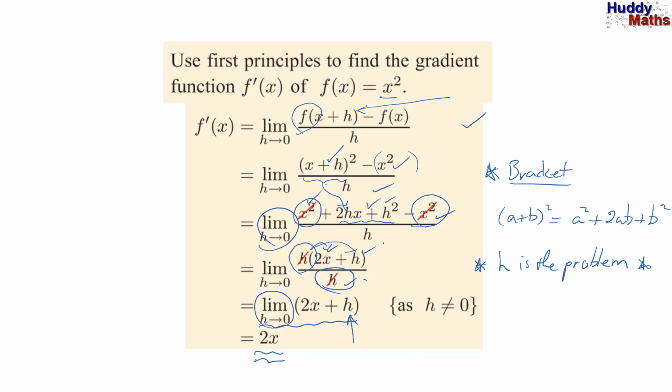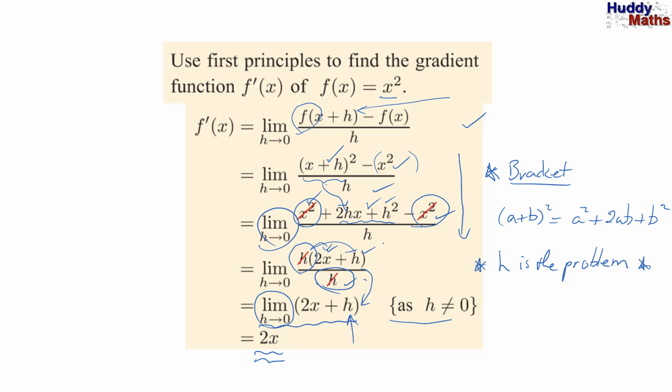Okay, so the idea here in this move down this solution is that we are trying to find the limit of this function, which is undefined at h is naught. So we're going to find an equivalent function which is defined at h is equal to naught, and then find the limit of that equal function, if you like.